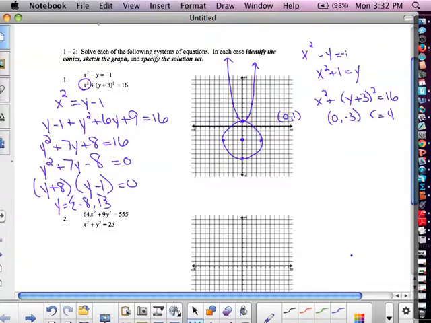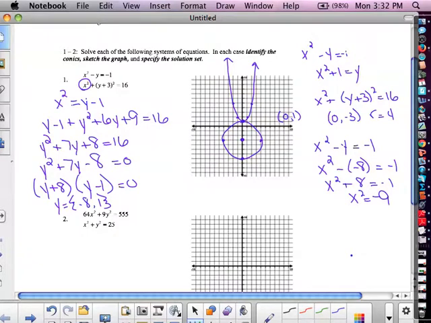When you substitute that back into this equation, x squared minus y equals -1, I have x squared minus -8 equals -1, x squared plus 8 equals -1. So x squared equals -9.